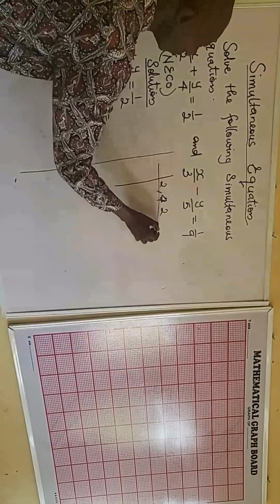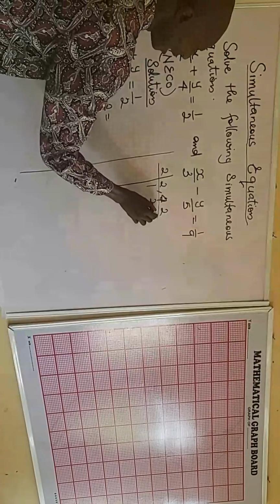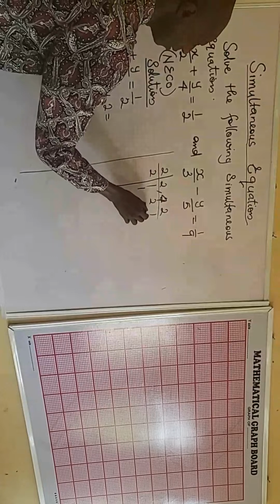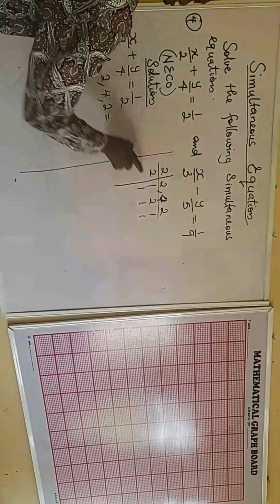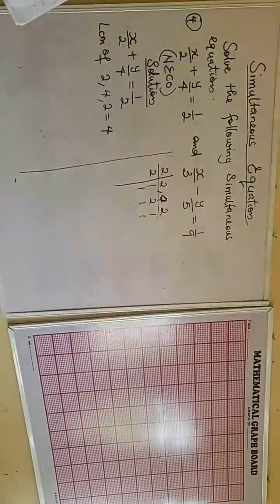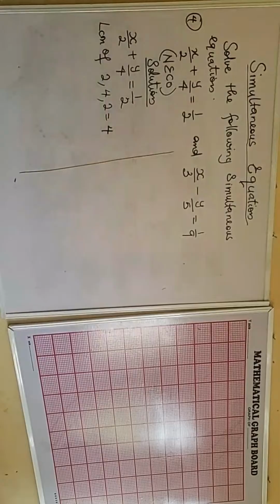We divide by 2 here, which gives 1, 2, 1. Again by 2, 1, 1, 1. So what is the LCM? It is 2 times 2, and the LCM is 4. Take note, the LCM is 4. So what do we need to do?